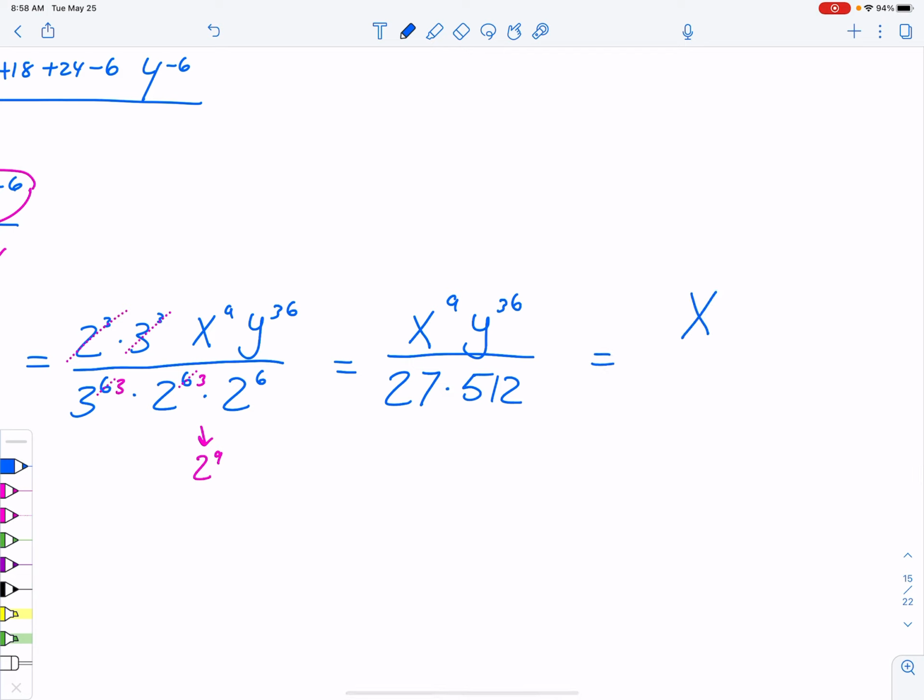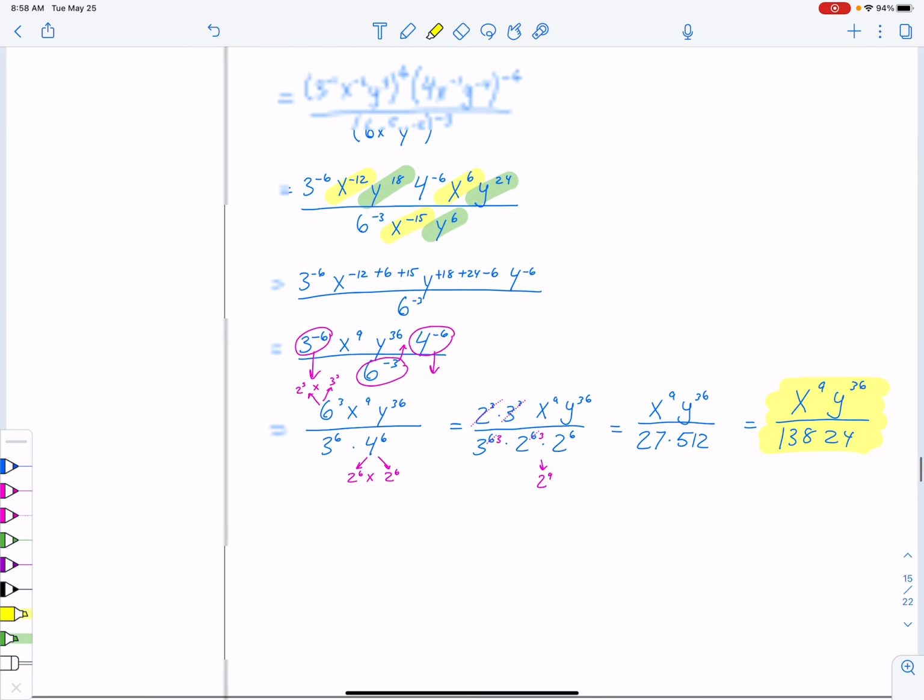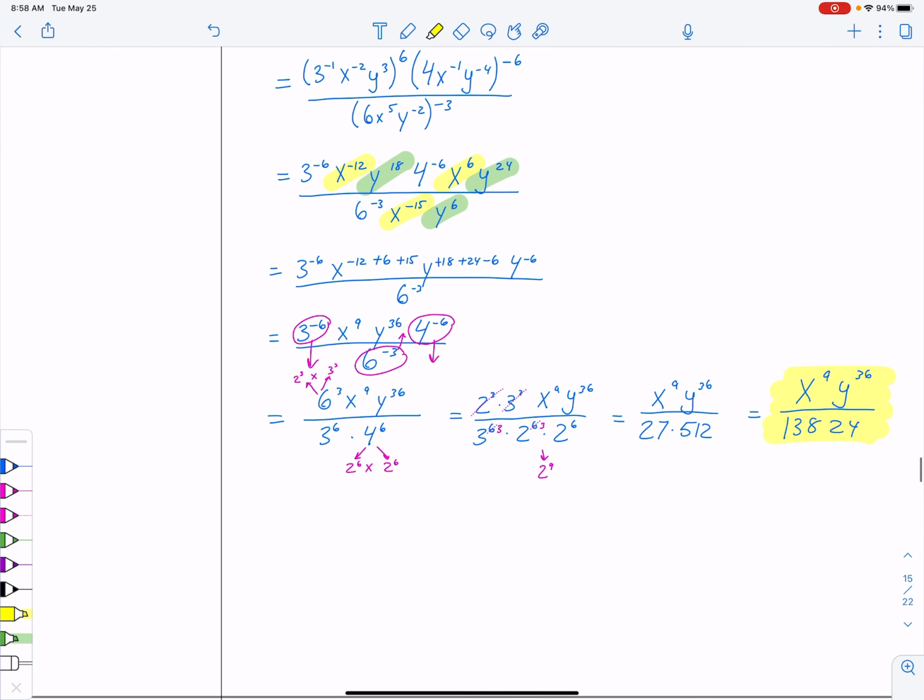We have to expand fully. So 27 times 512 is 13824. So our final answer for this question is right here. So now you can go into your homework and try page 45, number 6.